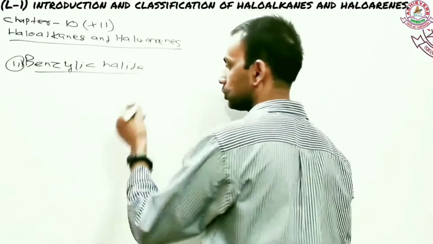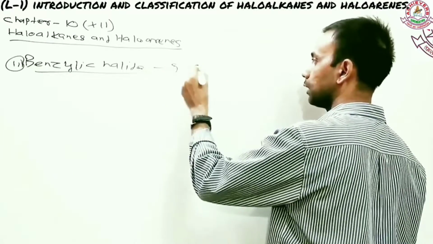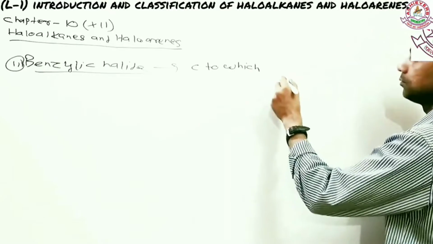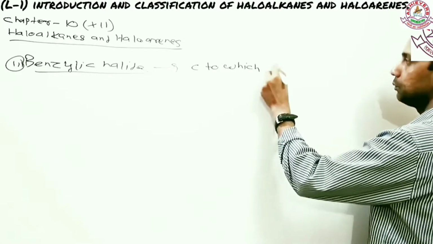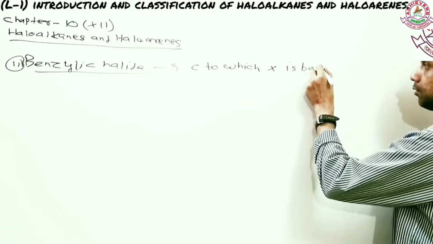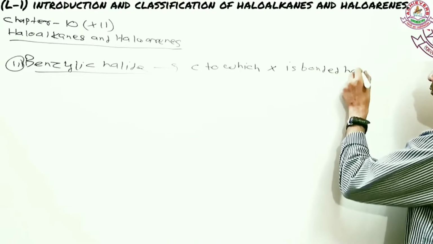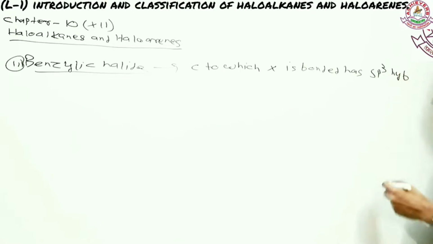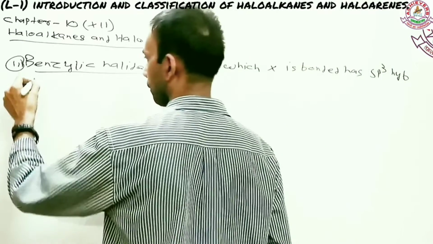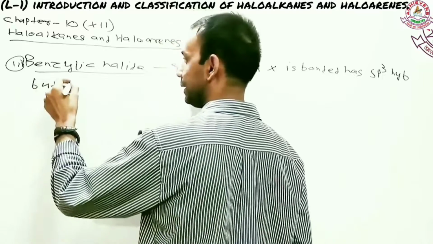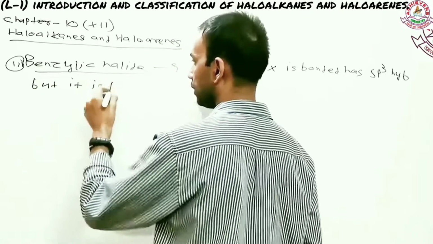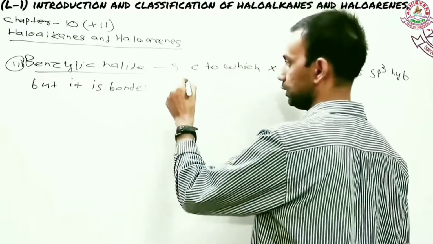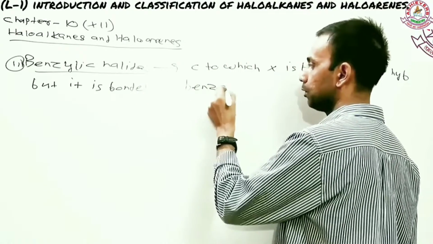Benzylic halide refers to a case where the carbon to which the halogen is bonded has sp3 hybridization, but it is bonded to benzene.